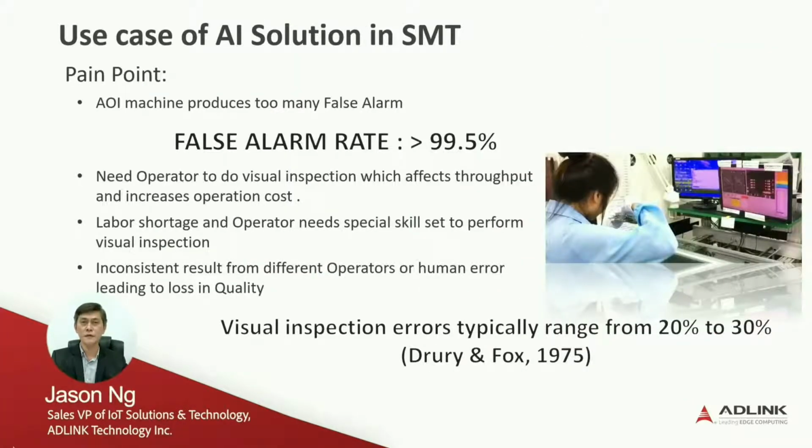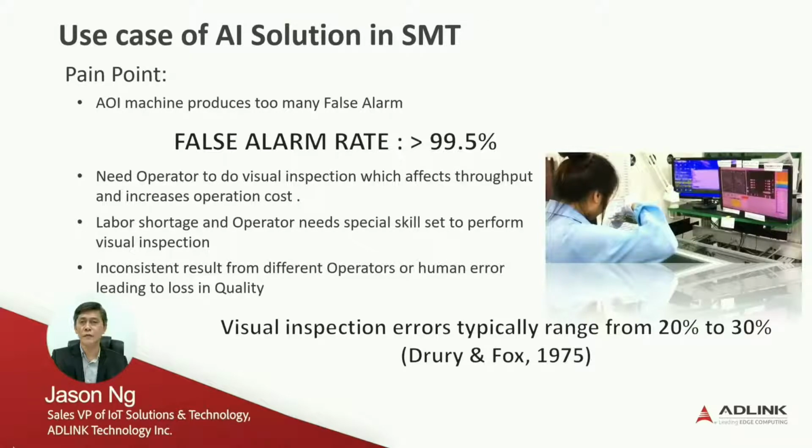Another use case is in the SMT line. AOI machines usually report a very high false alarm rate. It can be up to 99.5% false rejects. Almost every single board needs to be inspected manually, affecting the throughput. Furthermore, skilled operators are difficult to recruit.